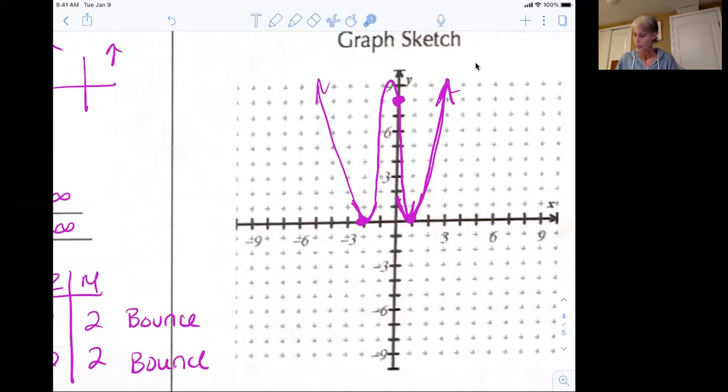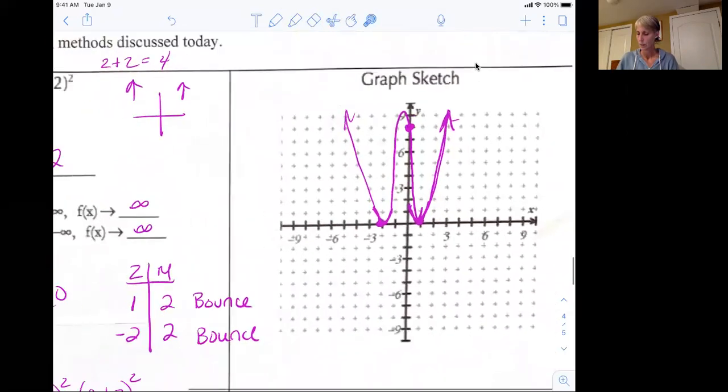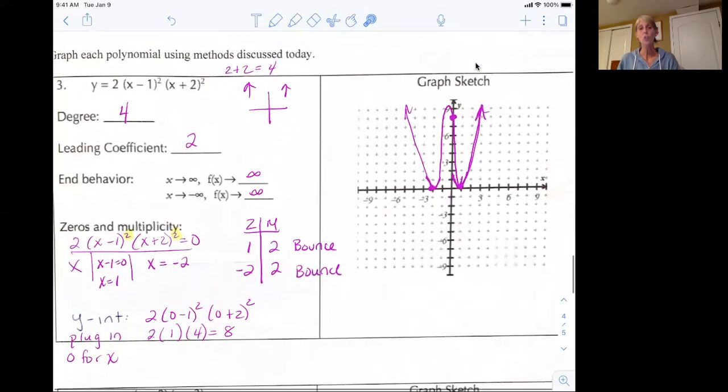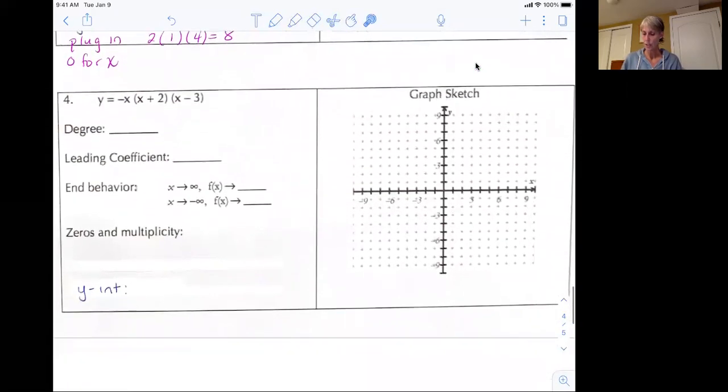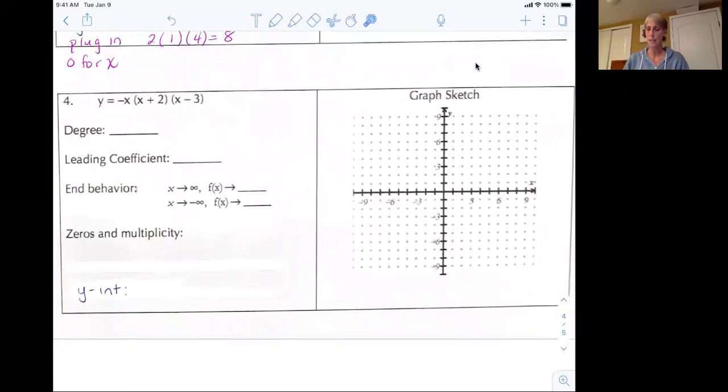The graph is kind of turning at each of them. End behavior. And then how do I get from one 0 to the other? Good thing is you can always check your picture with your calculator to make sure you did it correctly. Let's try one more before we end today.